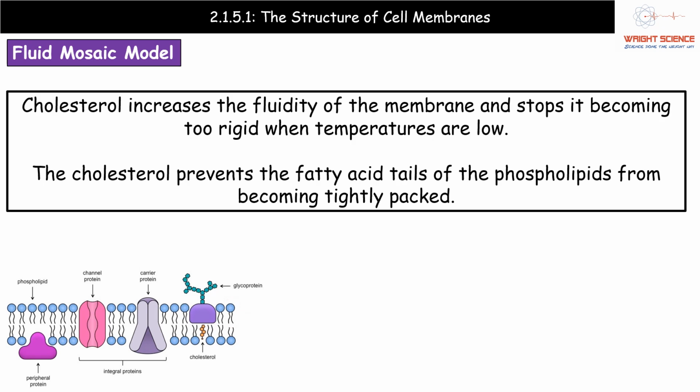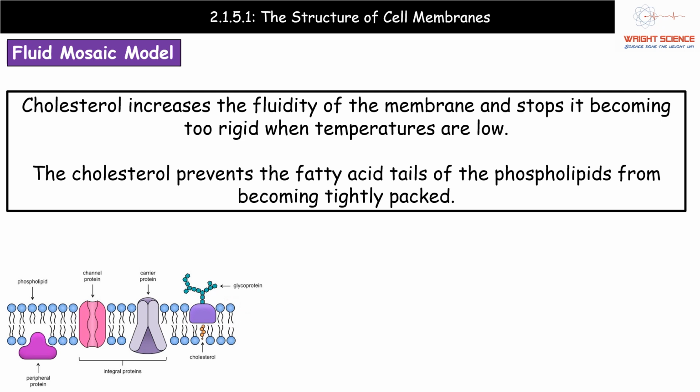We mentioned our little cholesterol, and the role of our cholesterol in our membrane is to increase fluidity. Now, if temperatures drop low, then those phospholipid molecules are going to start to move closer together. They're going to become more condensed as a structure. If they become too closely packed, then the membrane itself is going to be quite rigid, and that means its functionality can be lost.